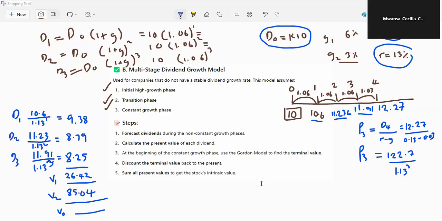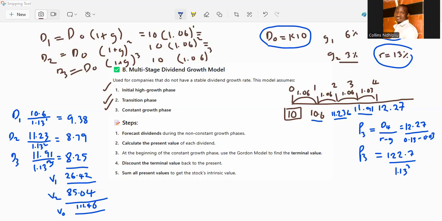We are adding the V1 and value 2. Yes, we're adding both value 1 and value 2. So we're getting 111.46. Okay.